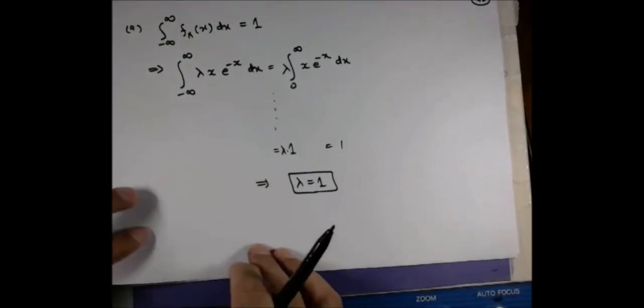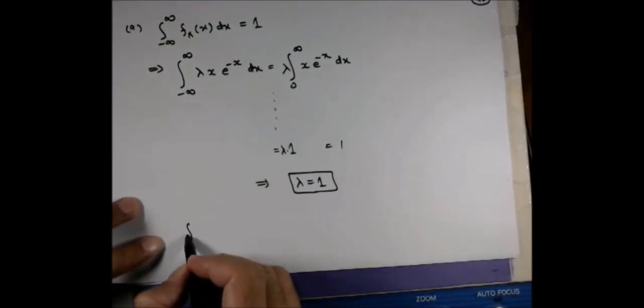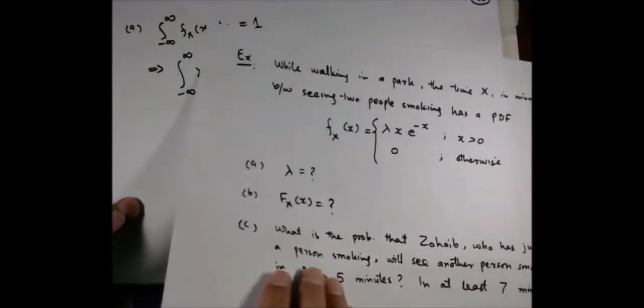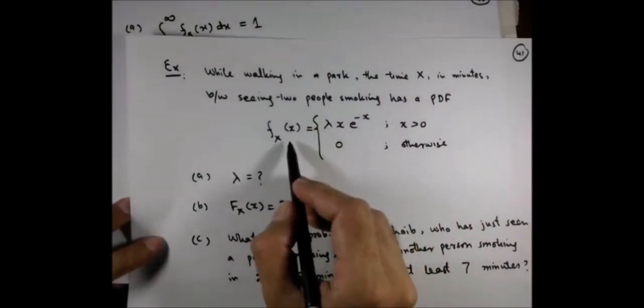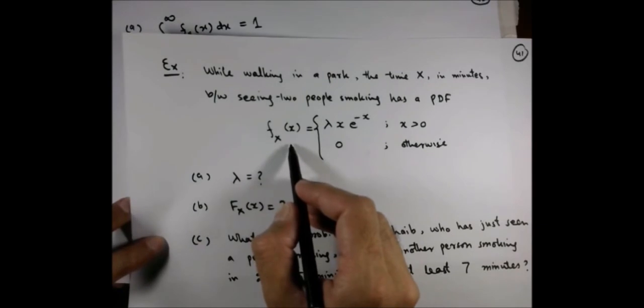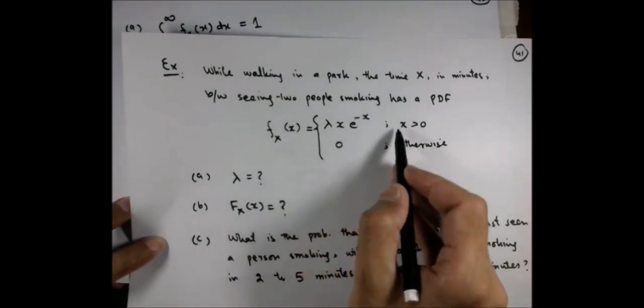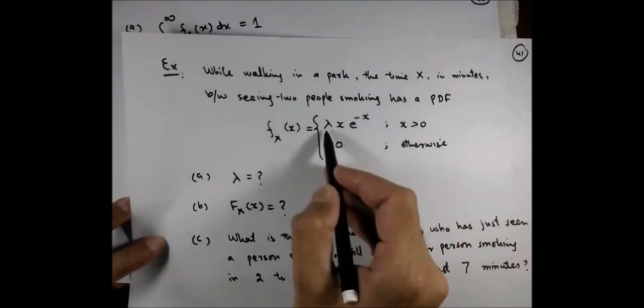And if that is the case, our final expression for the PDF of this time becomes 1 times x e raised to power minus x for x greater than or equal to 0, because now lambda is equal to 1.